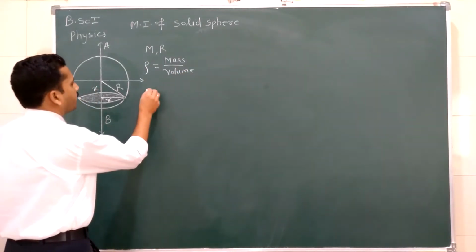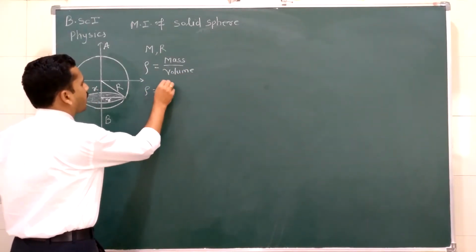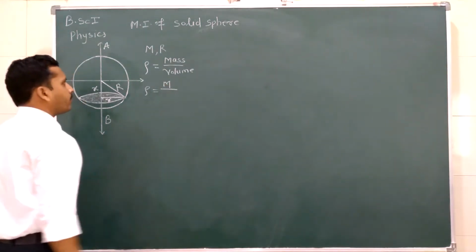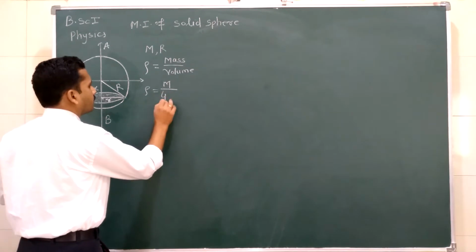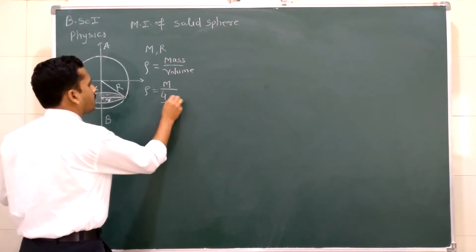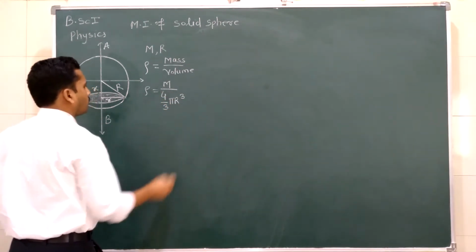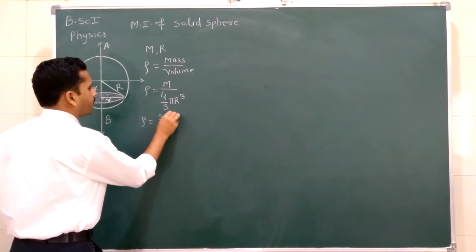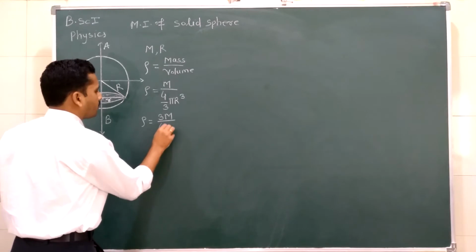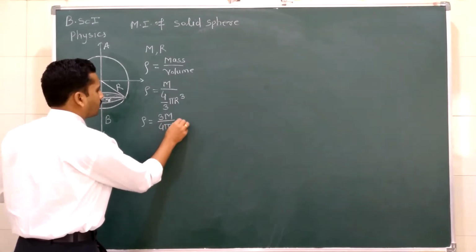Or we can also write rho is equal to M divided by the volume. And what is the volume of a solid sphere? It is equal to 4 by 3 pi R cube. So we can write rho is equal to 3M divided by 4 pi R cube.